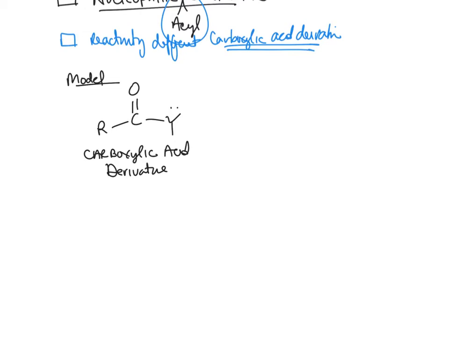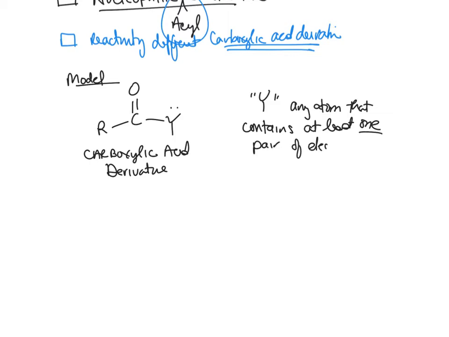And in general, in the structure of the carboxylic acid derivative, Y is any atom that contains at least one pair of electrons.